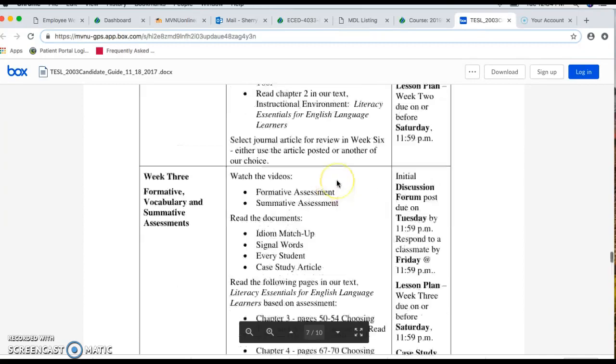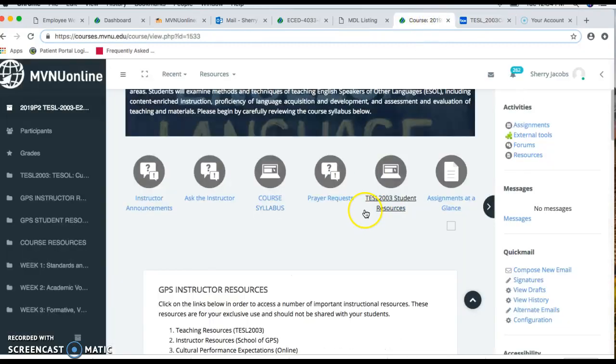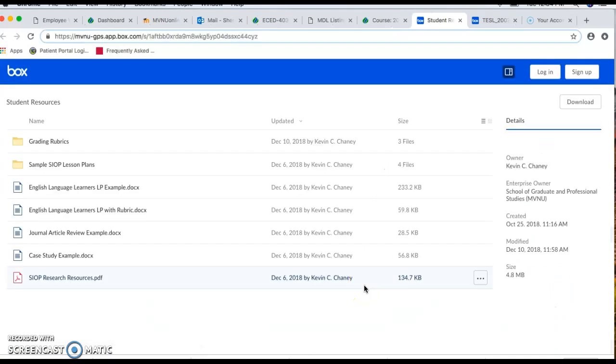So we'll go ahead and close out this particular portion of the syllabus that we're looking at. A prayer request section. Here are student resources for you. You'll notice in here, this is where you're going to find some grading rubrics, sample lesson plans, such as what we're doing for English language learners, and an example of the journal article review, case study, and so on.